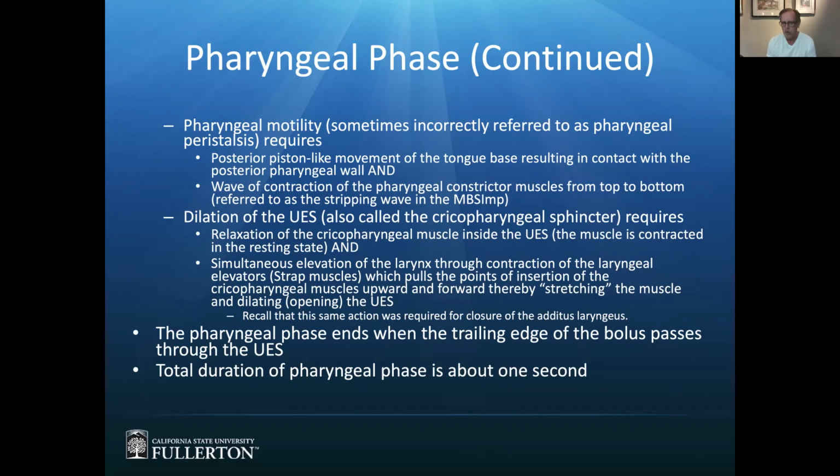And now the conclusion of the pharyngeal phase is the opening of the UES. The UES is normally closed, meaning the muscles that make it up, the sphincter itself, are normally contracted. And in order to let material go through, they have to relax.